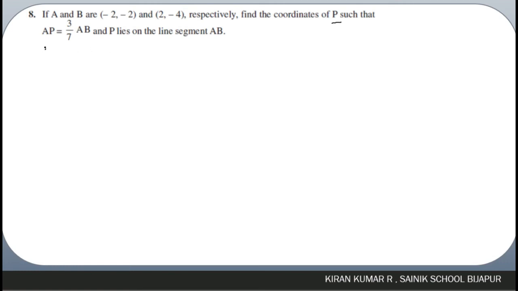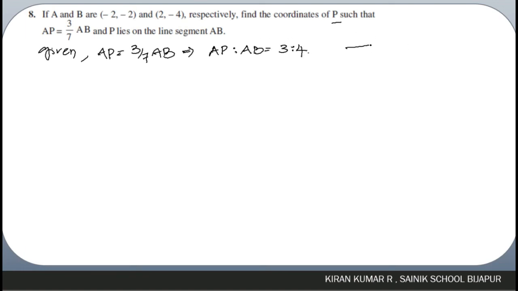Here it is given that AP is 3 by 7 times AB. This implies AP is to AB is 3 is to 4.